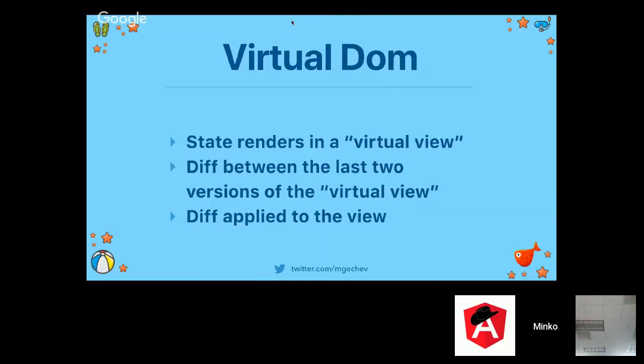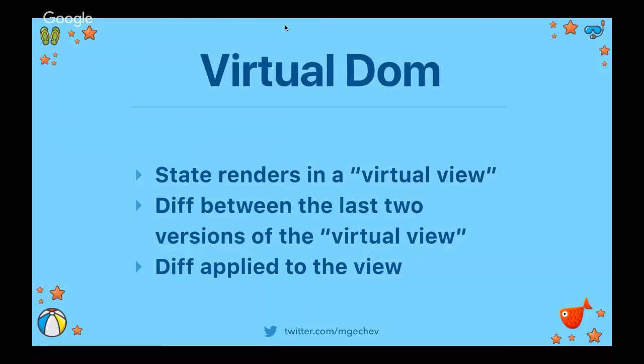Now let's talk about virtual DOM, because that has been a very hot topic for the last couple of years. Basically, in the virtual DOM, we are always rendering the application based on the current state. So once the state changes, we're going to render the entire application, but instead of rendering it into the browser, we're going to render it in memory as a virtual component tree.